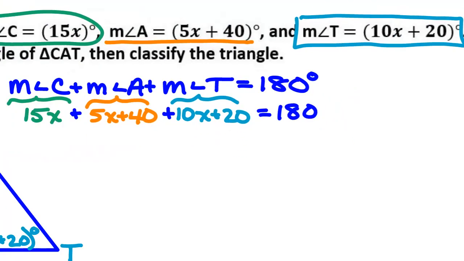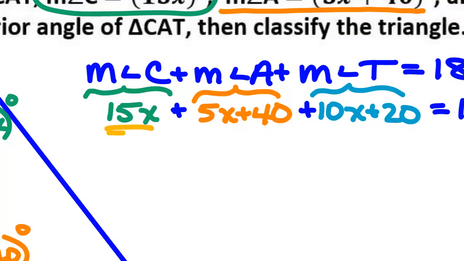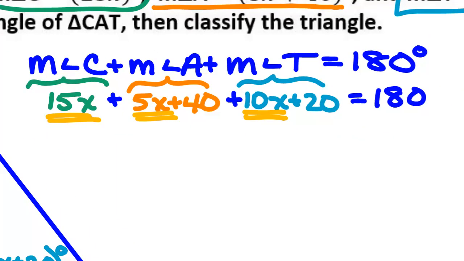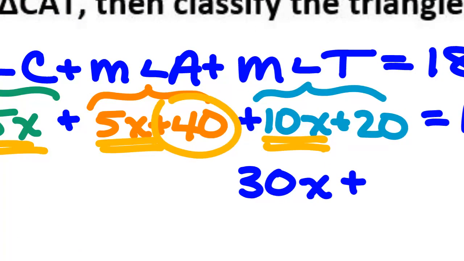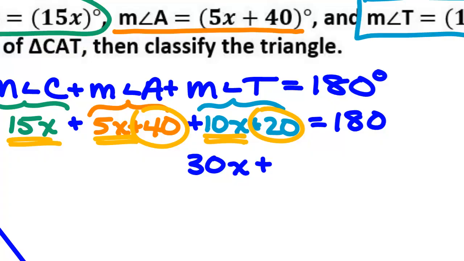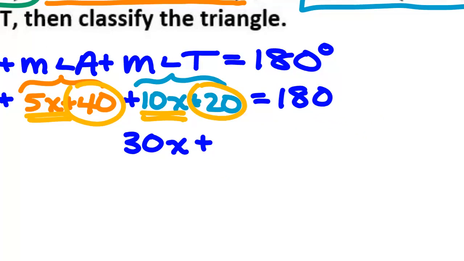So then we'll combine our like terms. 15x, 5x, and 10x would combine to give me what? 15, 5, and 10 would combine to give me 30. So I have 30x plus, and now we're going to combine our constants, 40 and 20. We get 60, yes. So 30x plus 60 equals 180.